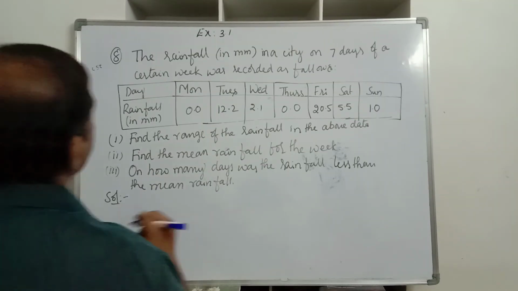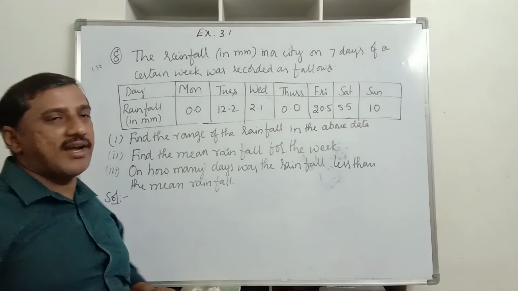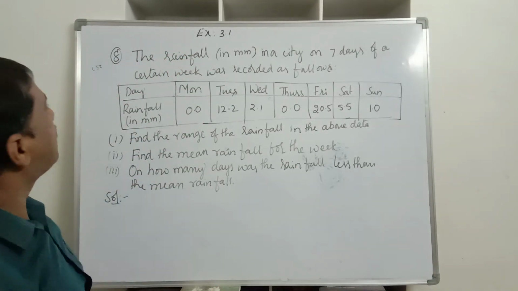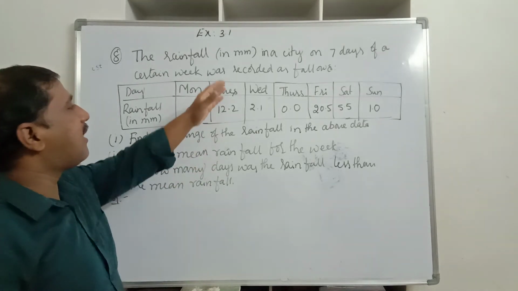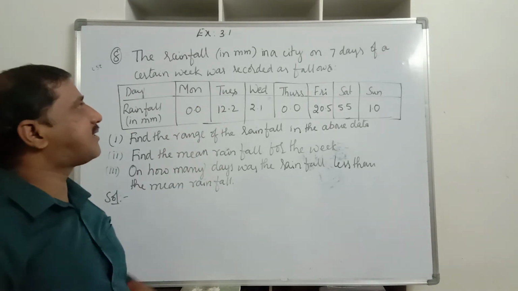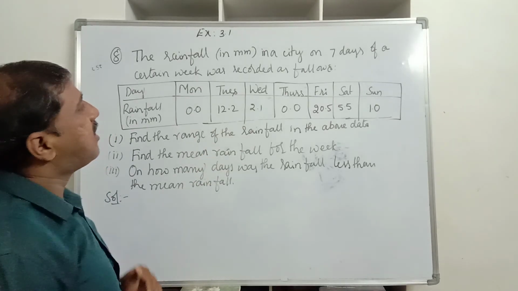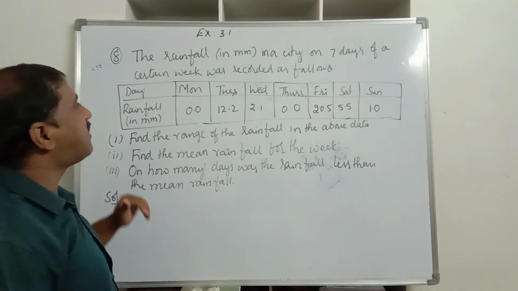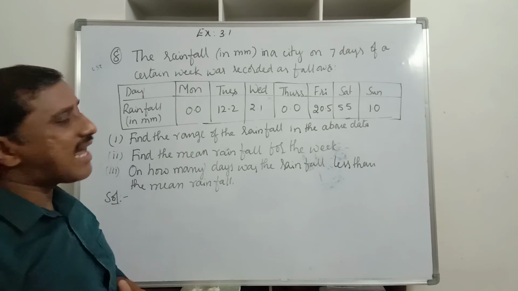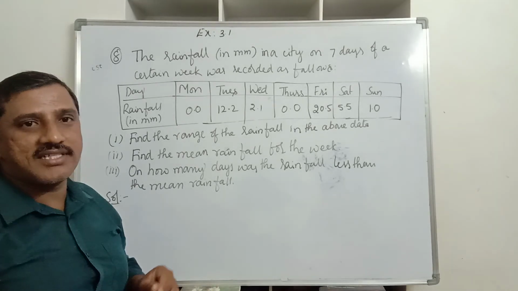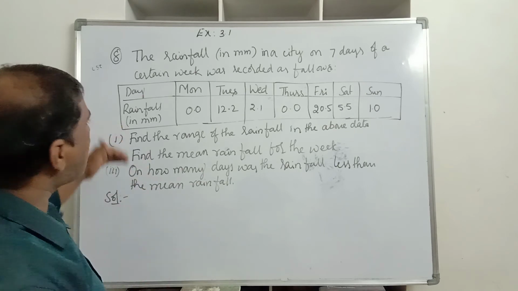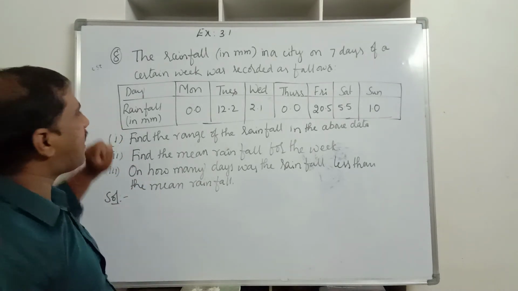Now we will discuss one more sum from exercise number 3.1, that is question number 8. The rainfall in mm, which stands for millimeters, in a city on 7 days of a certain week was recorded as follows, in the form of a table.